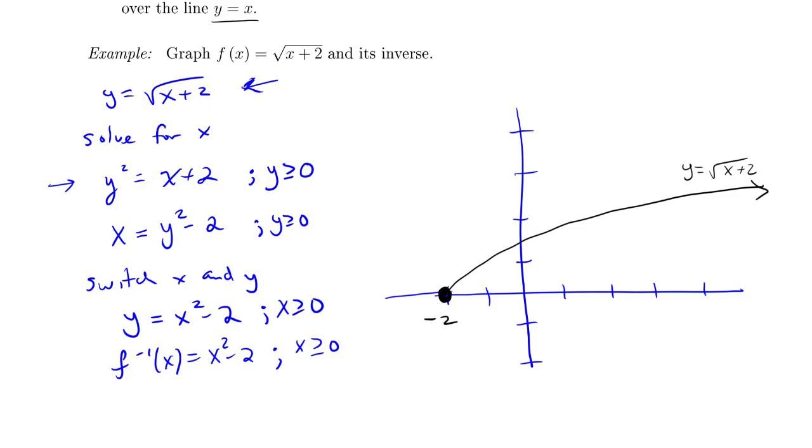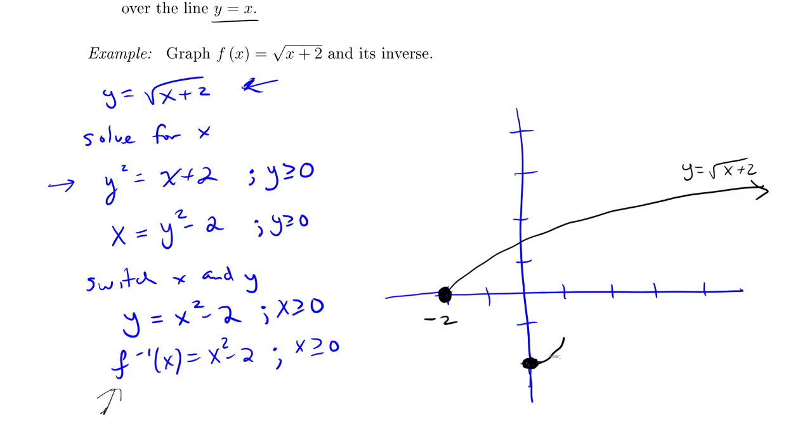Now, let's take the inverse. x squared minus 2. That's a parabola shifted down 2. So that would start, let me extend this a little here, down here at negative 2, and it would go up like this.